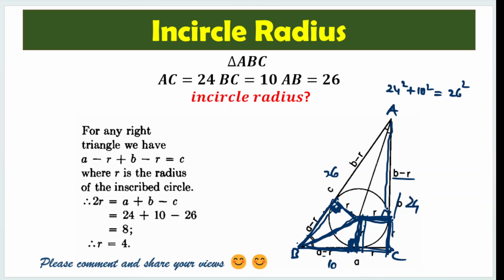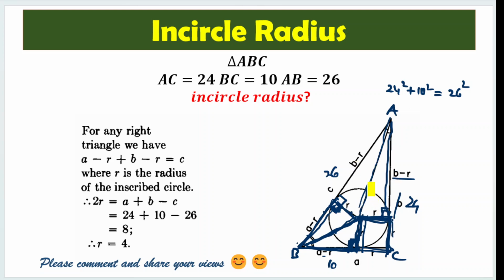Now, this angle is again a right angle, and in this right angle, the hypotenuse is common between this triangle and this triangle. One of the lengths, the radius, is also the same, and the hypotenuse is also the same.